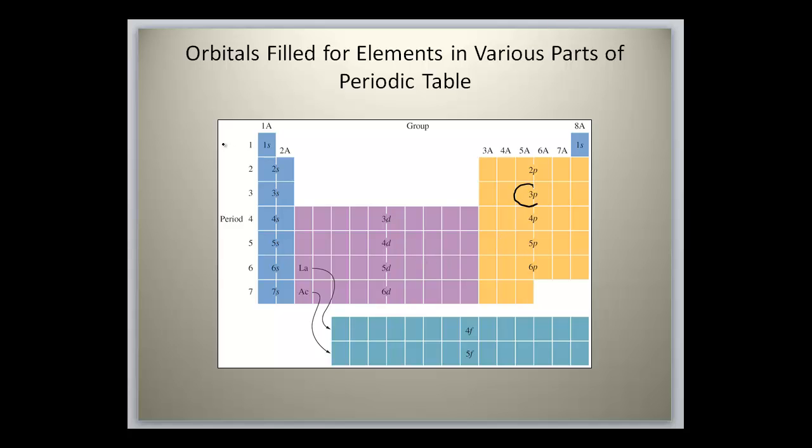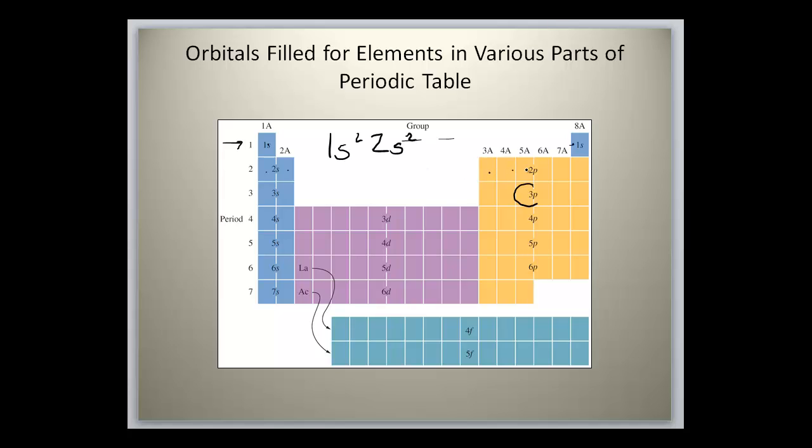Again, we start reading from the upper left, read across each block, each row, till you get to where you want to go. So let's start up here. We're going to go through the 1s block, and we've got 1, 2 blocks. Then we've got to go through the second energy level, the S block. We're going to go through 2 of those.